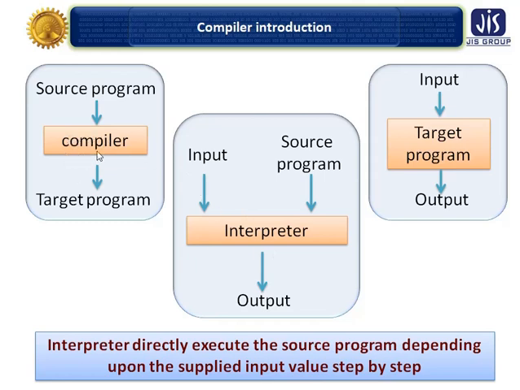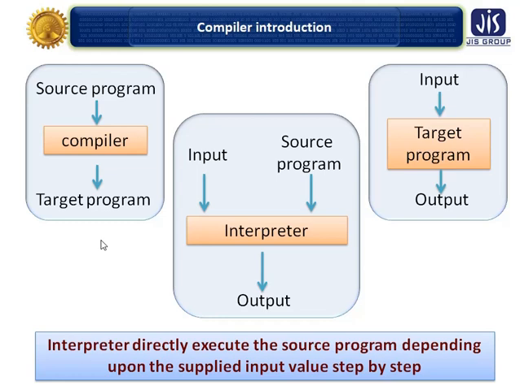But for the compiler, what will happen? For the compiler, the whole program code will be checked. Line 1 will be read, then line 2 will be read to see whether the syntax is correct or not. Next, line 3 will be read. If there is an error in line 3, then it will produce the error and the program execution will be stopped.